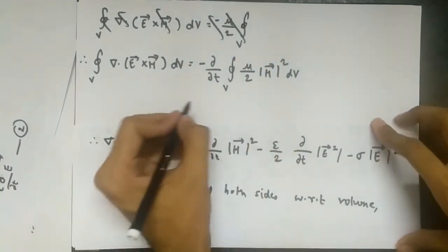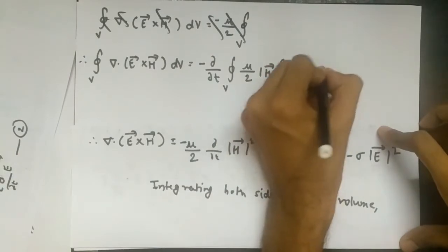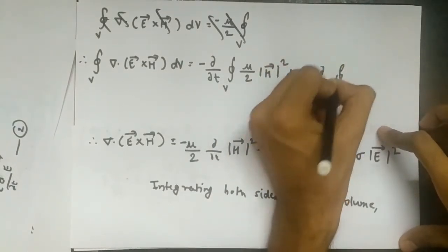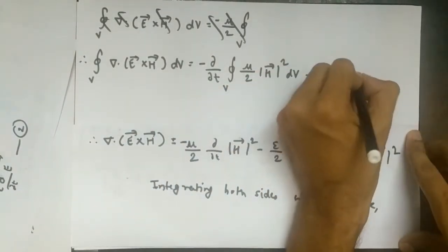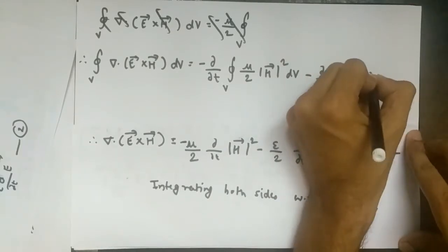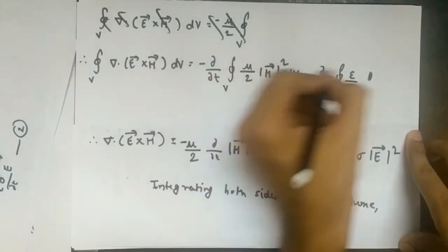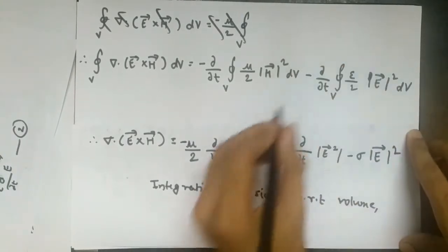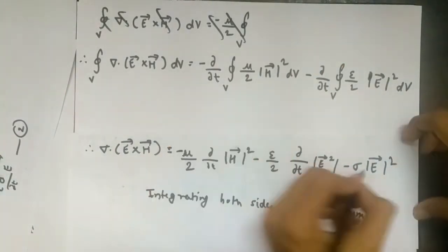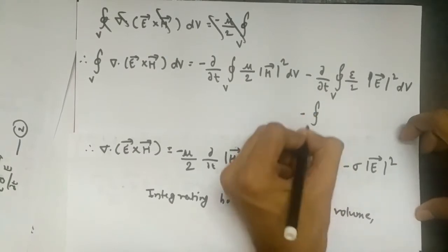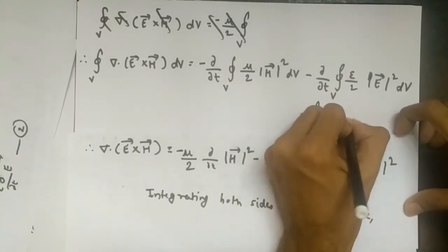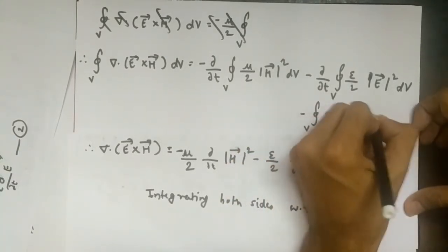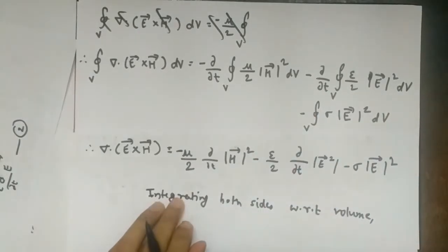Similarly for this, you will have minus ∂/∂t volume integral of epsilon by 2 magnitude of E squared dv, and finally this term, minus volume integral of sigma magnitude of E squared dv, right?